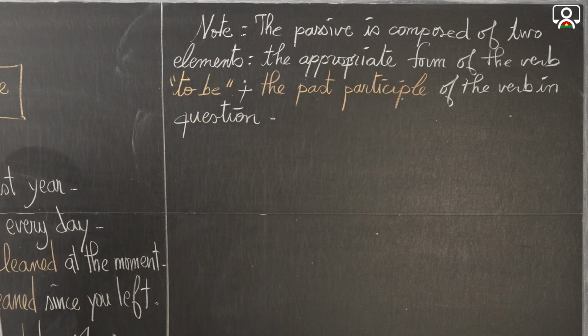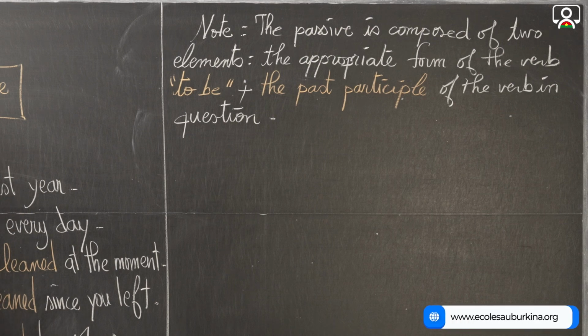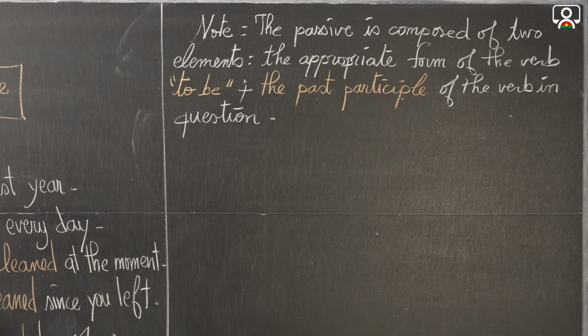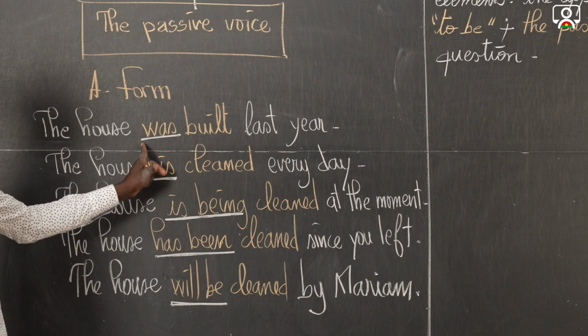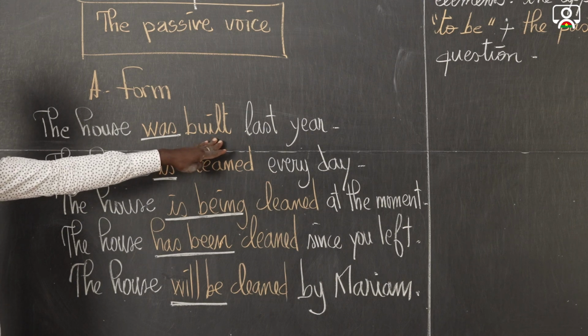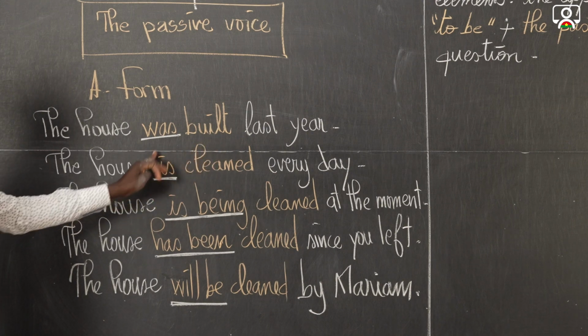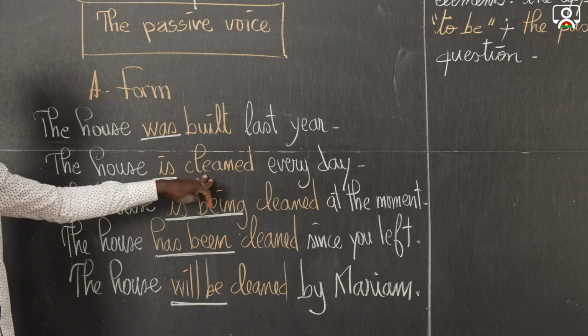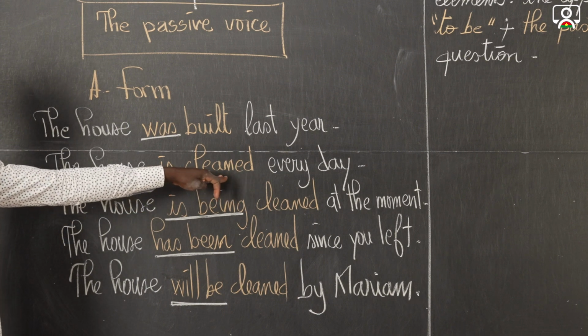So the passive is built on the rule of the conjugation of to be plus the past participle of the verb. Okay? So here to be is the simple past plus past participle of the verb build. Here we have the simple present of to be plus the past participle of clean.